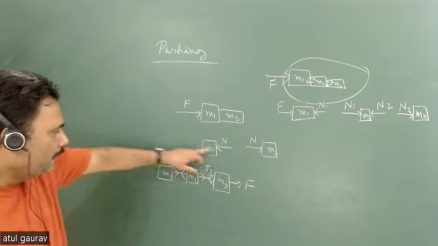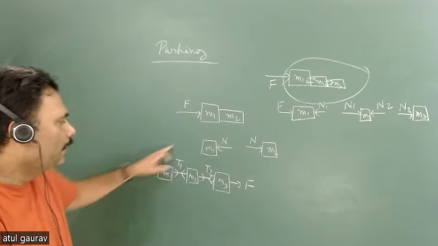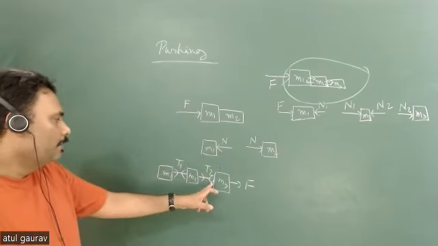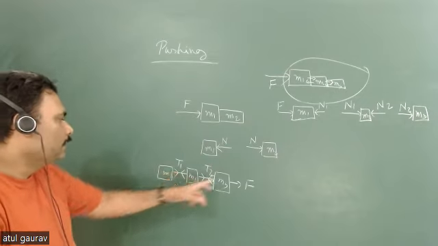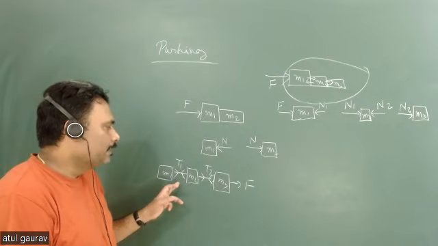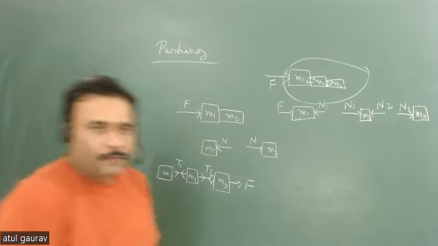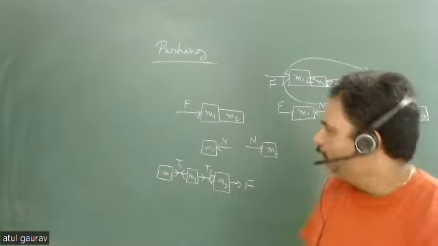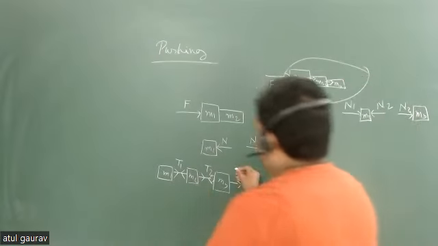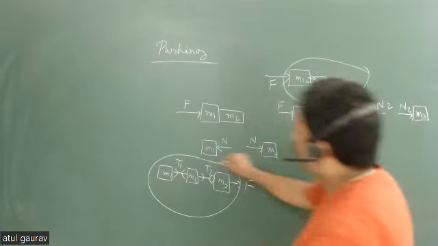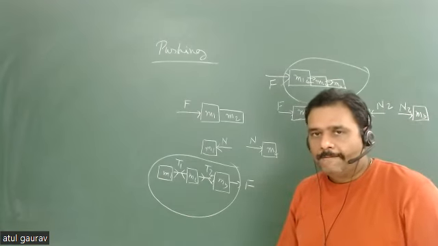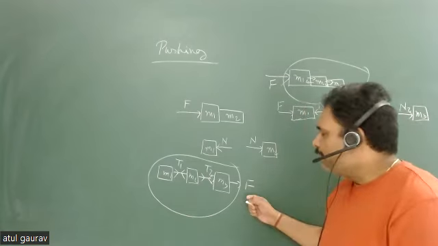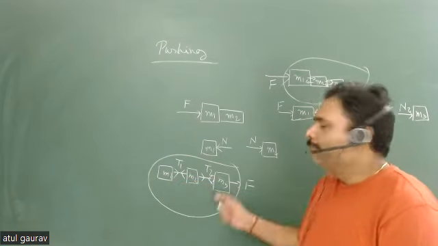If you are visualizing M1, M2 and M3 in a combined way, what will happen? This will cancel this one, this will cancel this one, and these act as your internal forces. So here, your external force, if you are watching all three bodies at a time, is F, because this F is pulling M1, M2 and M3 together.